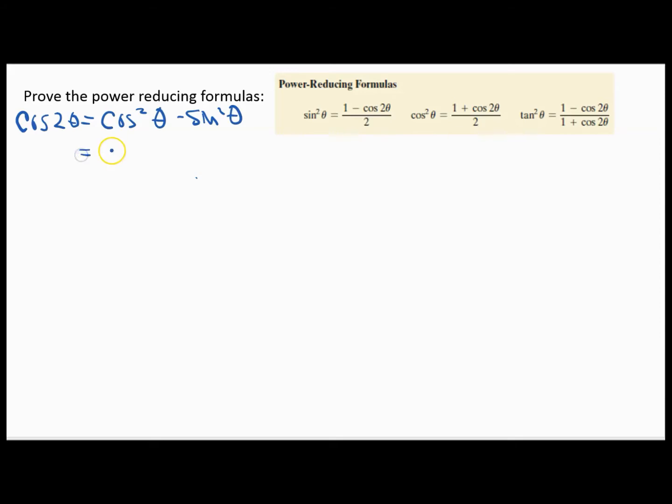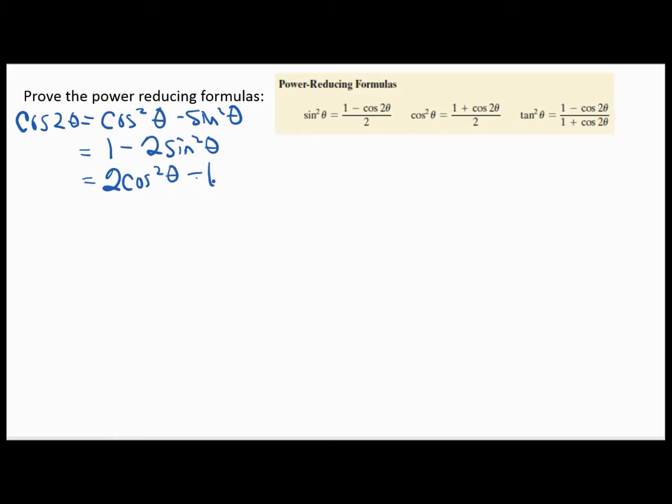Another version is if we replace the cosine squared of theta with 1 minus the sine squared of theta, Pythagorean identity, that'll give me 1 minus 2 sine squared of theta. Or, instead, going back to the top, we can replace sine squared of theta with 1 minus the cosine squared of theta, and I distribute that negative inside. That's going to give me 2 cosine squared of theta minus 1.